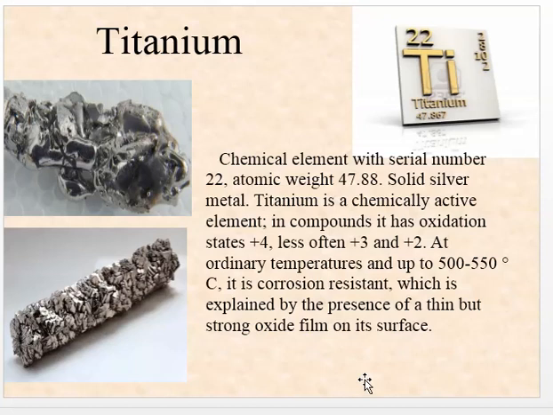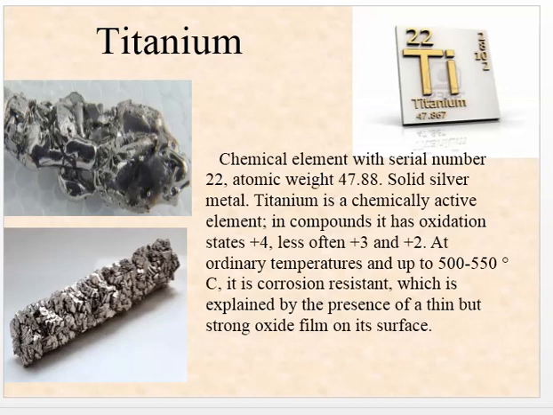About titanium, the chemical element, you can see here the symbol of titanium with serial number 22, atomic weight 47.88. Solid silver metal. Titanium is a chemically active element. In compounds it has oxidation states +4, less often +3 and +2.